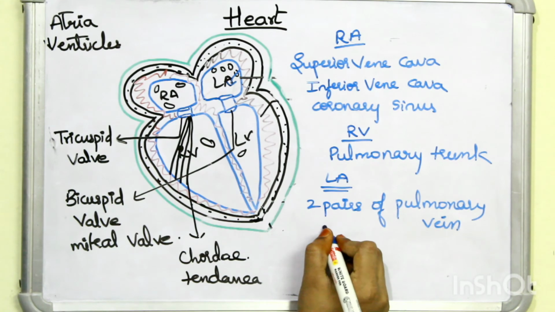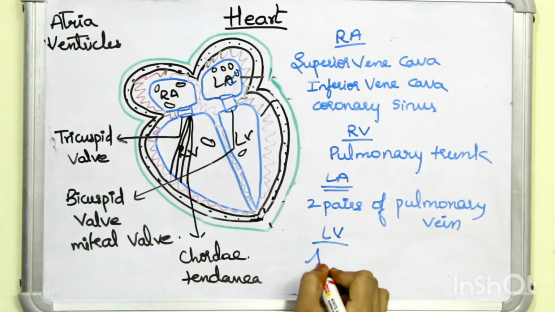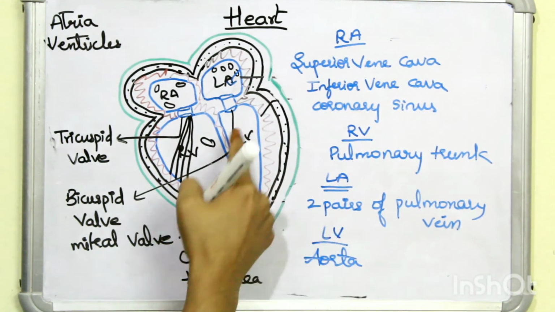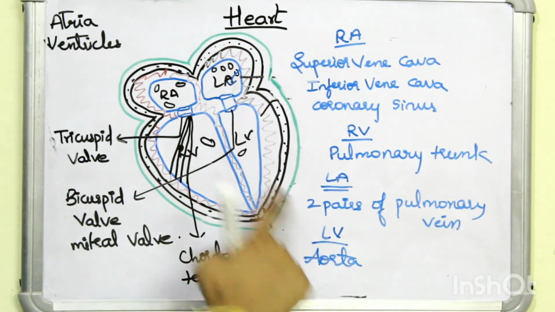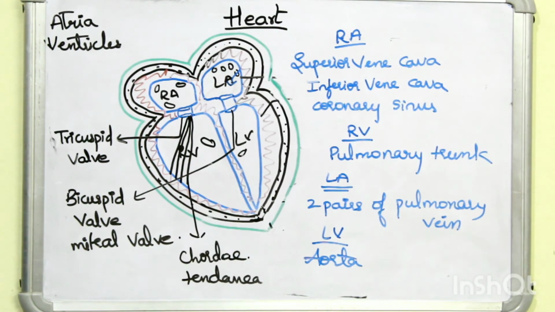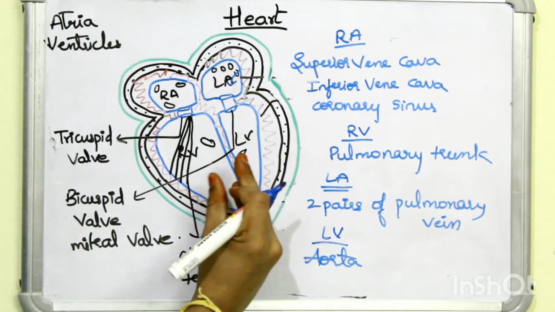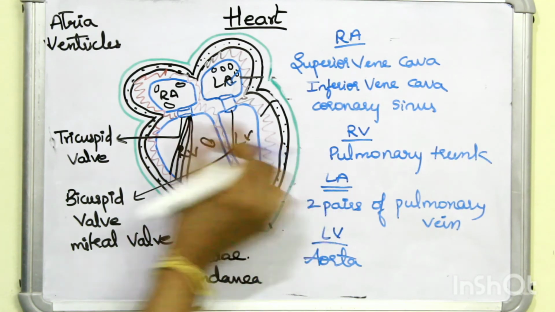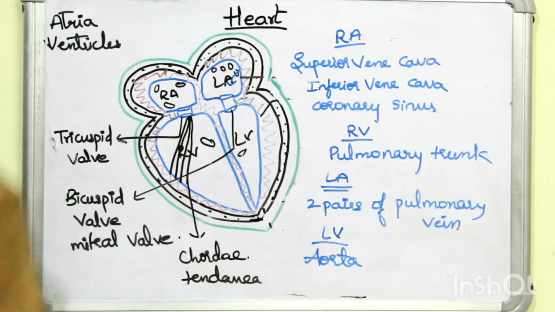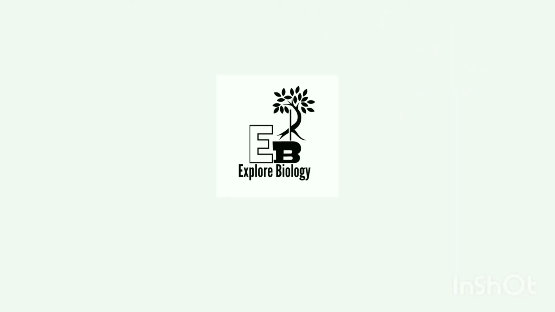And in the left ventricle we have the aorta. One opening, the major one, the aorta. This carries blood to all parts of the body. So as it has to push the blood so forcefully, the muscle tissue here is more compared to the right side. Okay. So this is about the structure of the human heart.